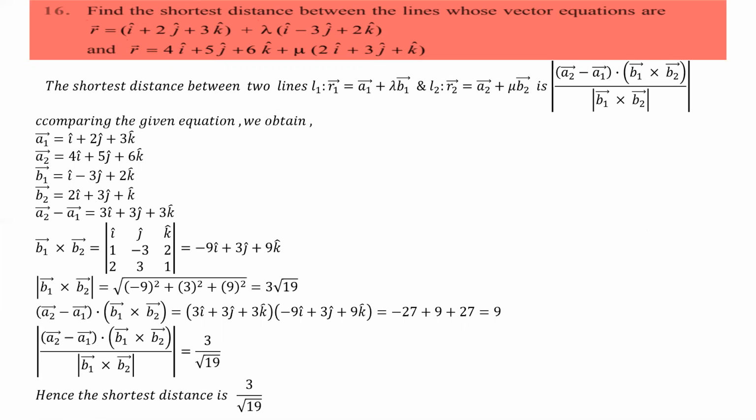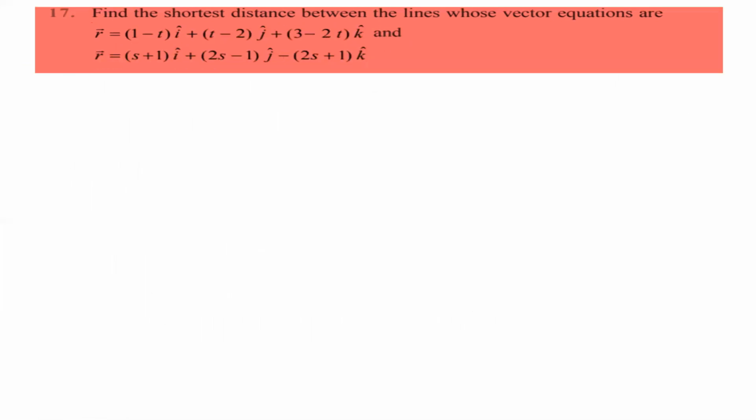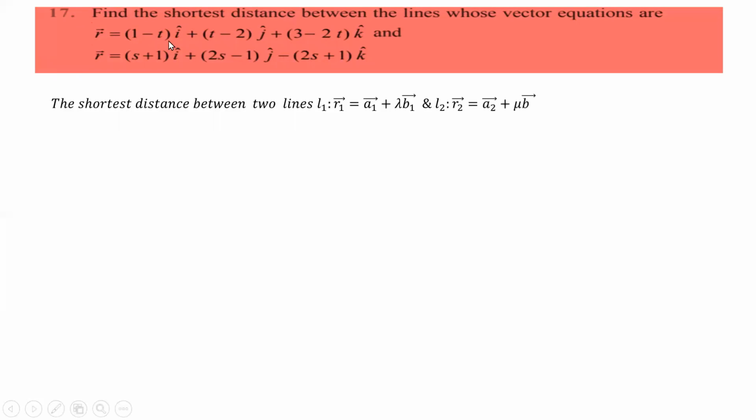Now moving to the next question, question number 17. Question number 17 is the same as question number 16 and 14. But here one thing is that you need to rewrite this equation in the form of vector a1 plus lambda into vector b1. That is, here you can write vector a1 plus t into vector b1.